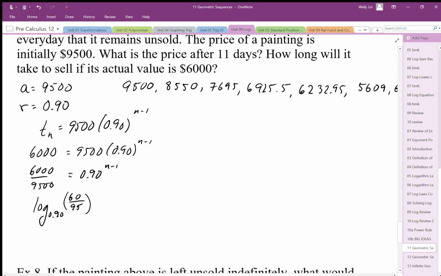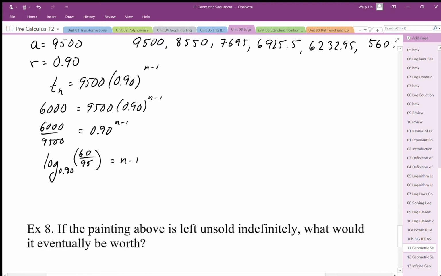Okay, get rid of those extra zeros. And it equals n minus 1. I don't have a base. These are not related bases, so I'm going to put this into base 10. So 60 over 95, use the change of base formula, over log 0.90, equals n minus 1.